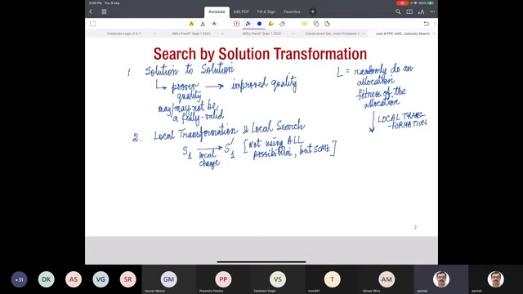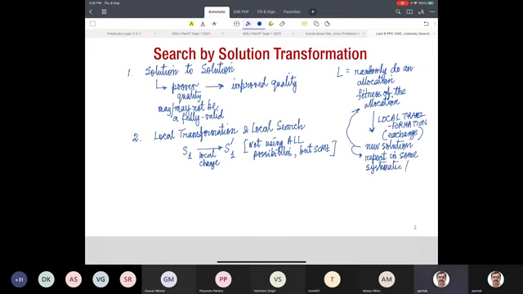One example of a local transformation could be exchange. You exchange two allocations, and as soon as you exchange two allocations, you get a new solution. And then you go on doing this, repeating in some systematic manner.